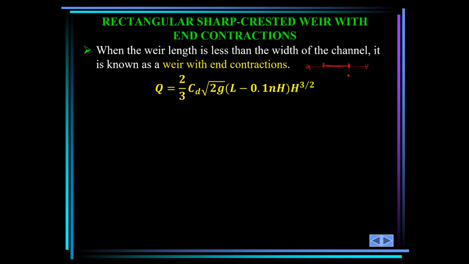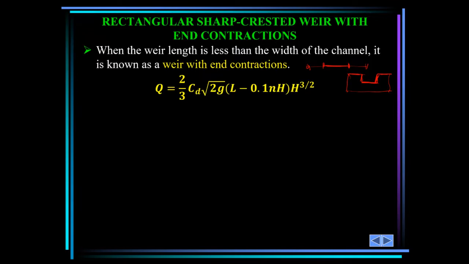So this is the plan. It can be something like this. This is the weir, and it did not cover the whole width. This is two end contractions. You can have two end contractions or one end contraction.